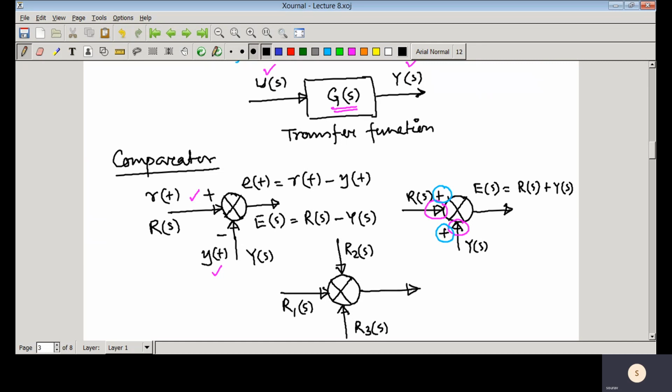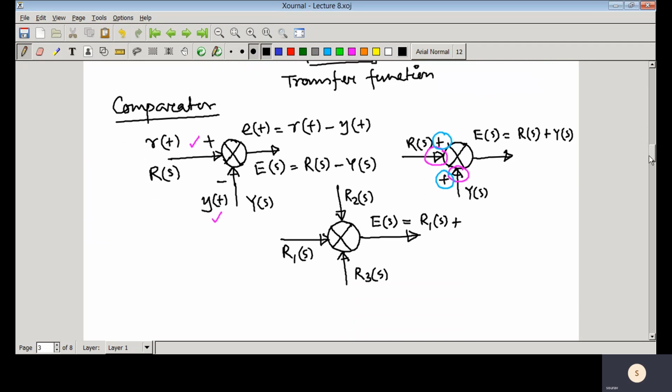You can see that three signals are entering and one signal should go out from the comparator, otherwise it does not make sense. E(s) would be equal to R1(s) plus R2(s) plus R3(s). So this is the basic operation that takes place in a comparator.